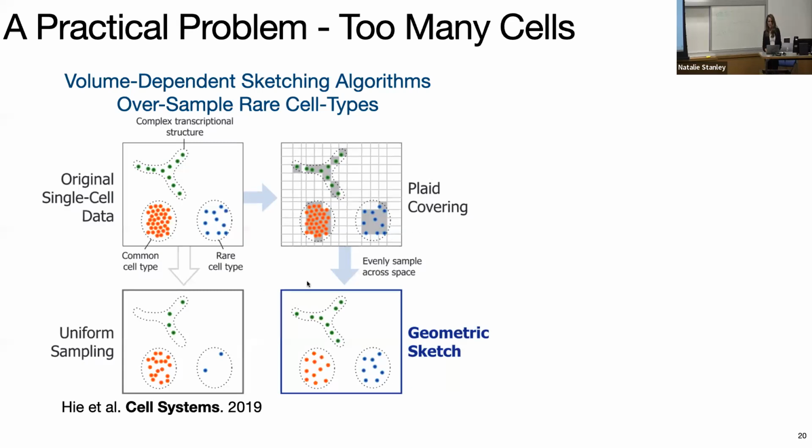In this case, geometric sketching is an algorithm that was developed in 2019 that will just try to enrich for cells that were more rare in the data. So it tries to oversample these rare cell types so that they're not missed in the smaller version of the data.